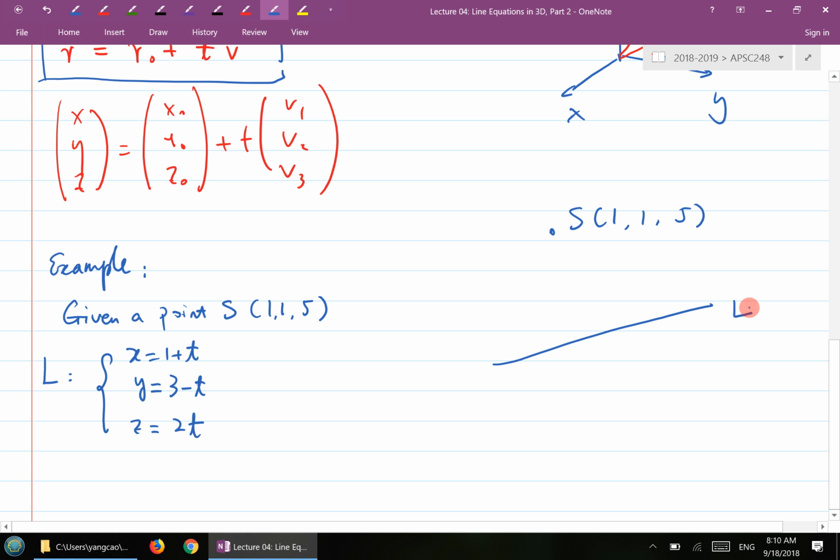Given these two pieces of information, we want to calculate the shortest distance from this point S to the line L. In the previous lecture we had an example with a point S and a plane, and the shortest distance from that point S to the plane. As I said, that's my favorite kind of question.